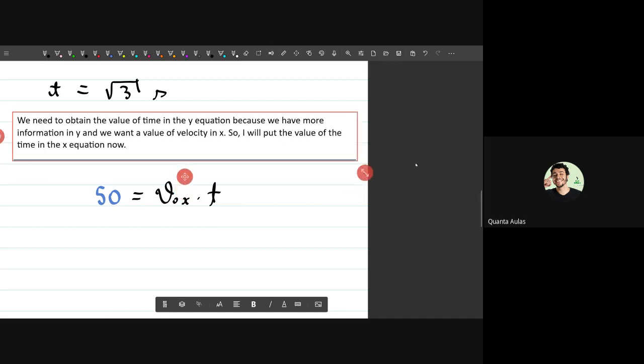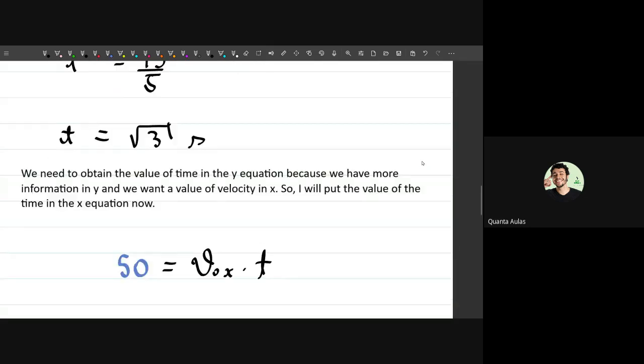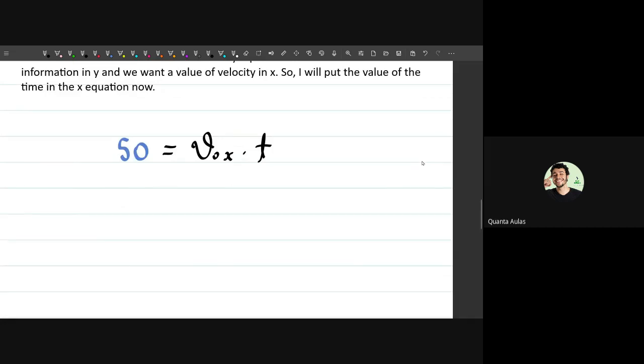Okay, we'll obtain the first answer. The time is square root of 3. I don't know how I can say it, but it's this.